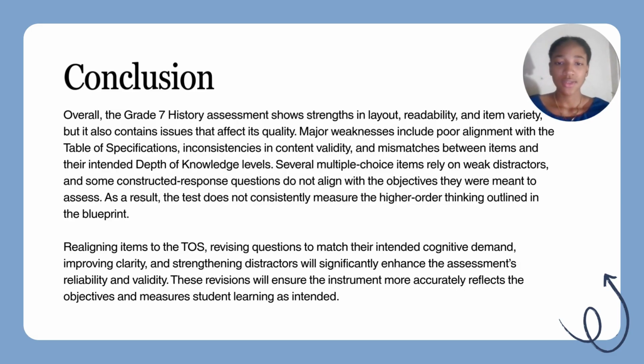As a result, the test does not consistently measure the higher order thinking outlined in the blueprint. Realigning these items to the TOS, revising questions to match their intended cognitive demand, improving clarity, and strengthening the structures will significantly enhance the assessment's reliability and validity. These revisions will ensure the instrument more accurately reflects the objectives and measures student learning as intended.